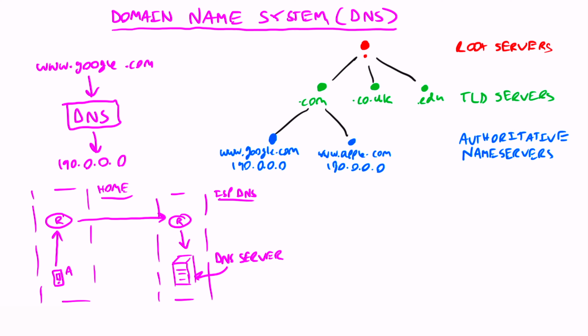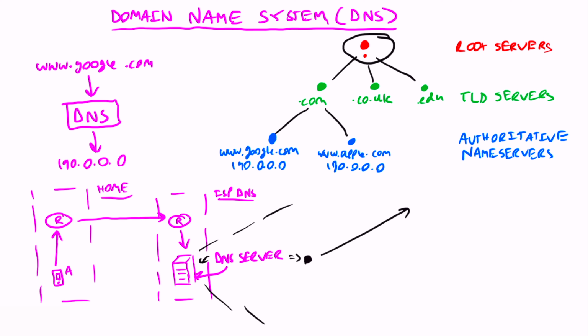So what's going to happen here? So if we expand what's going on inside here, so your DNS server here, which is this, and this, is going to send the request and ask the root server first. It's going to start at the top of our tree and traverse downwards. And this is the recursive manner.